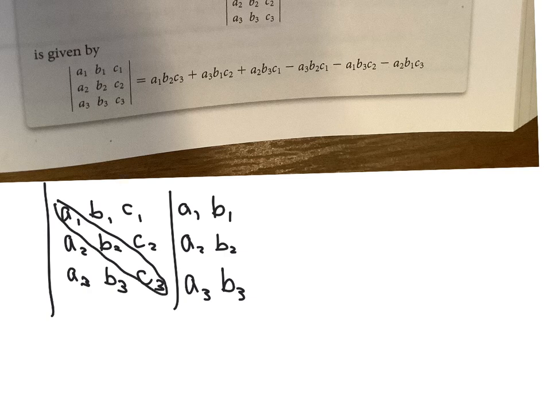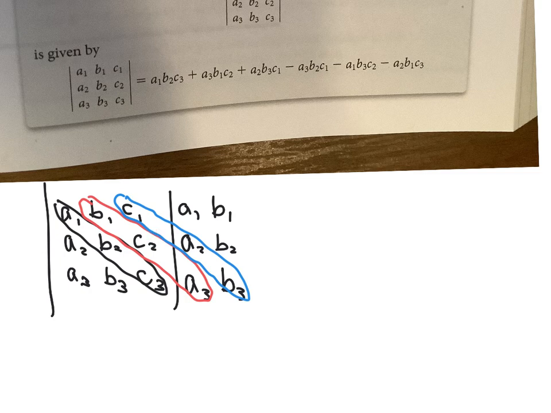And then we add A3, B1, C2. We add the product of that, and then we add the product of A2, B3, C1, so this column. So we multiply each of these three numbers, and then we add them together.